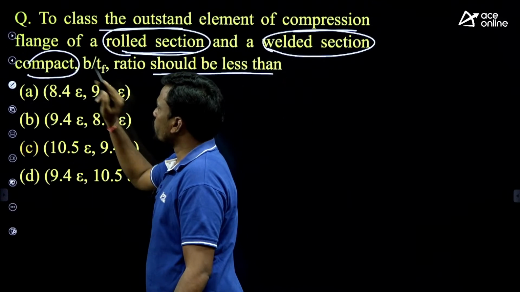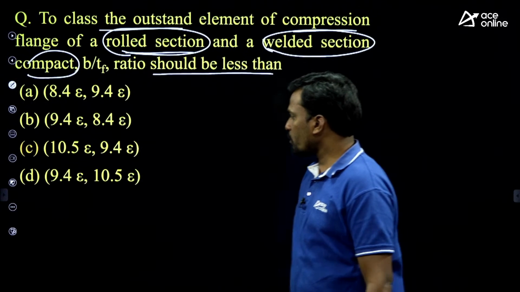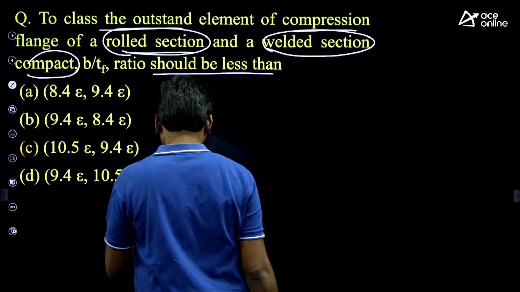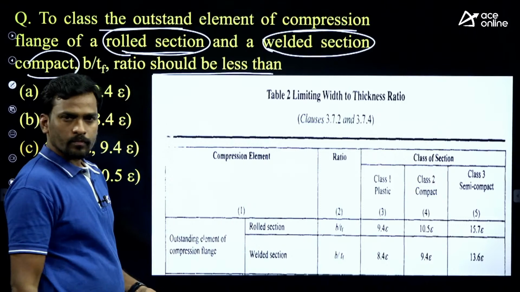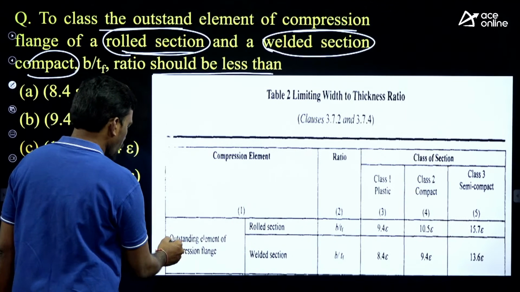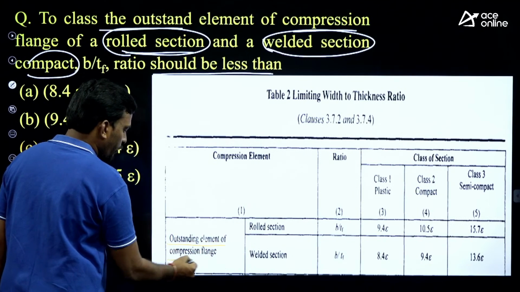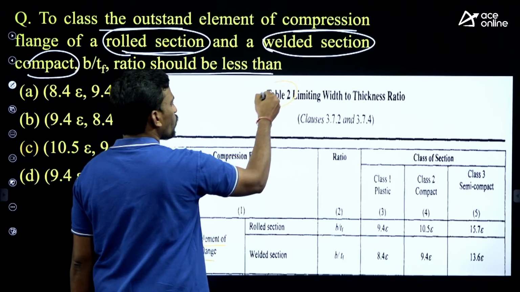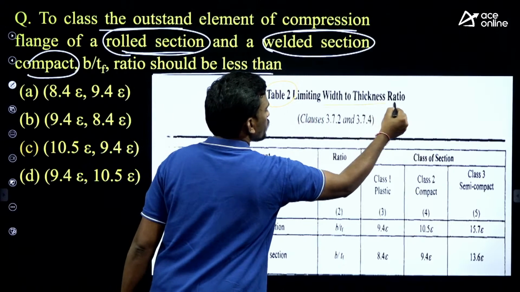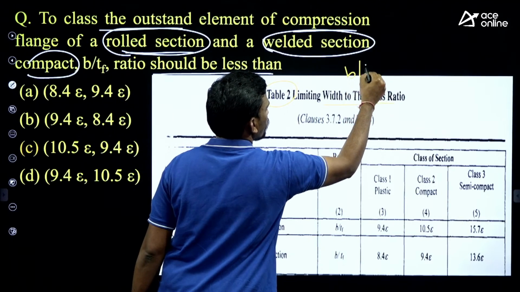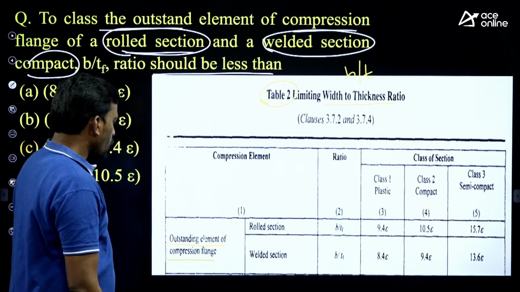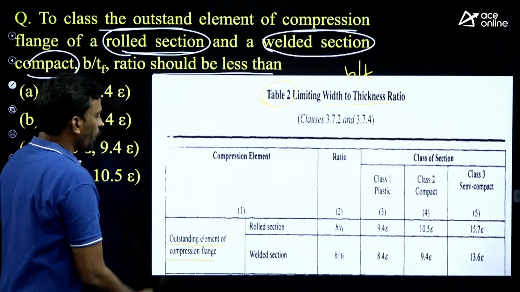Do you remember these are given in the code book? Here, the outstanding element of compression flange. In the code book, this is Table number 2, limiting width to thickness ratio. Table number 2, given for the outstanding element of compression flange.